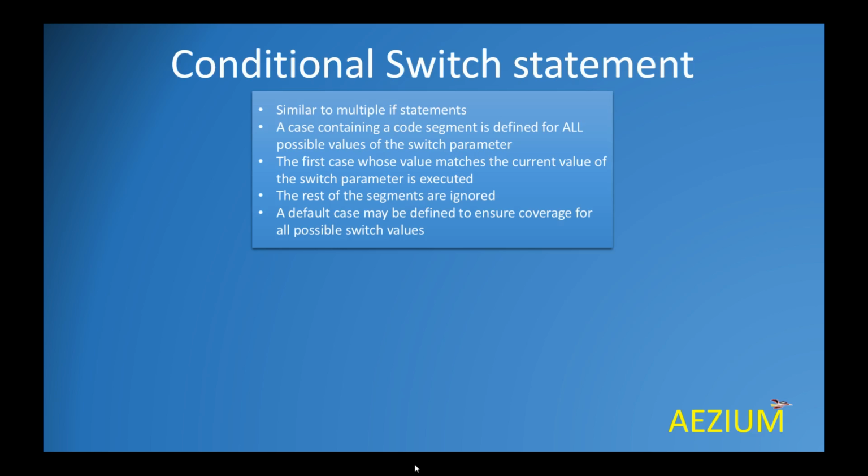And if something like that happens, the very first case on the list whose value is equal to the value of the switch parameter will be selected, and the body of code associated with that case will be executed, and the other cases will be ignored.